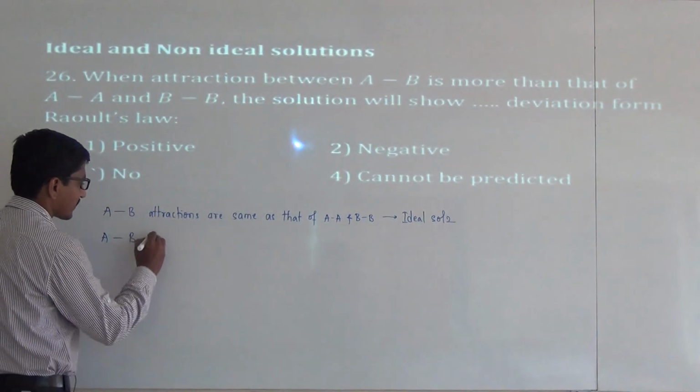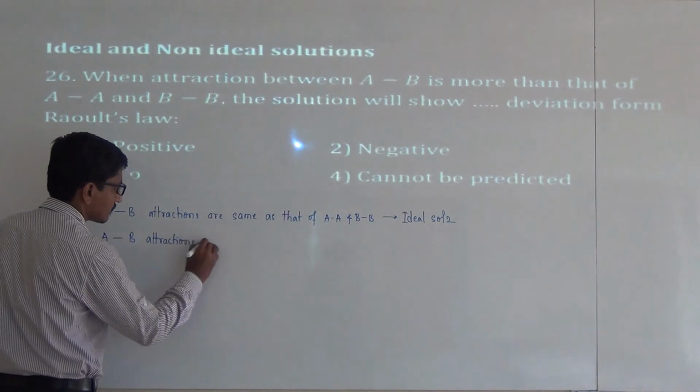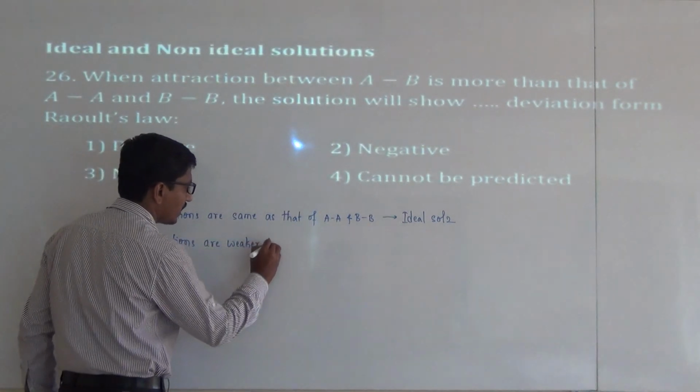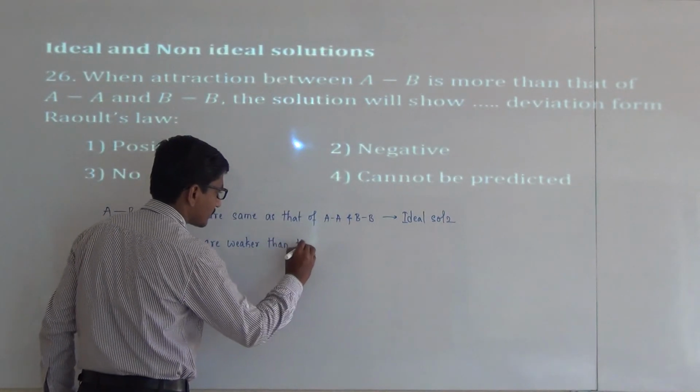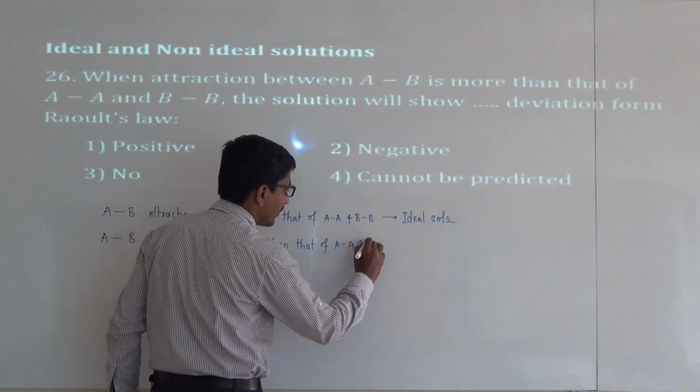In the second case, AB attractions are weaker than those of AA and BB.